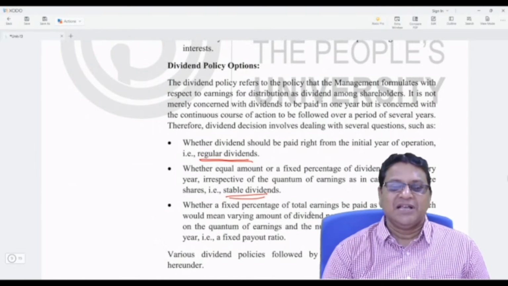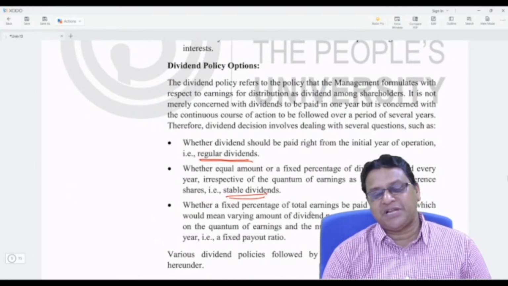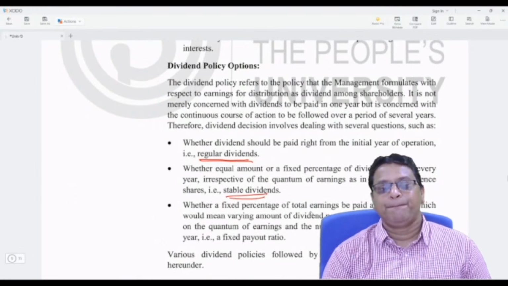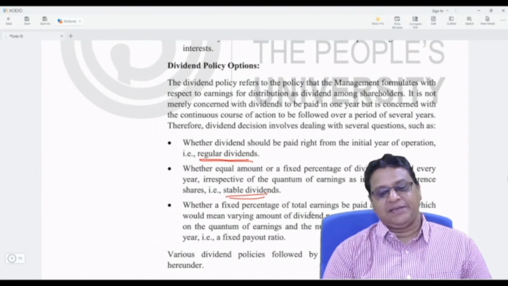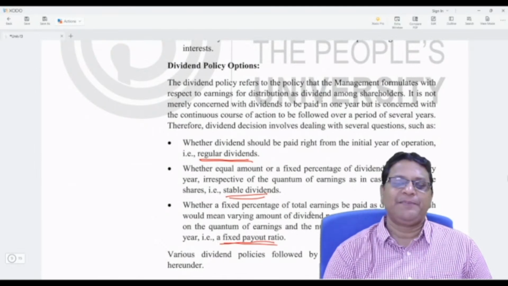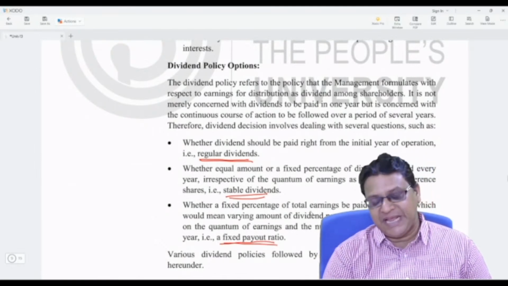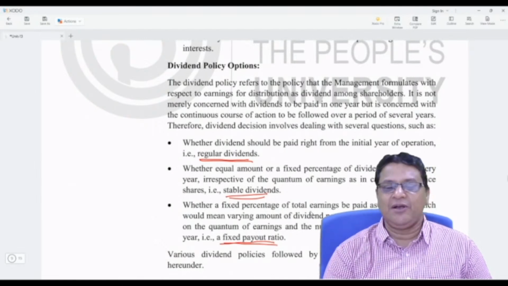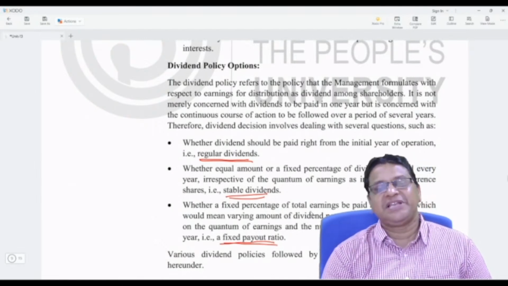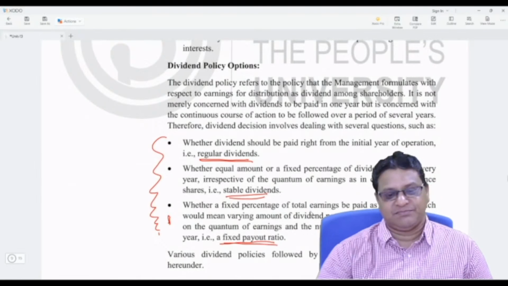Stable dividend means every year dividend will be paid and the amount of dividend will be the same irrespective of the amount of earning. Next one is a fixed payout ratio. That means every year dividend will be paid as a fixed percentage of the earning of the company. So these are the three options available for dividend payments.